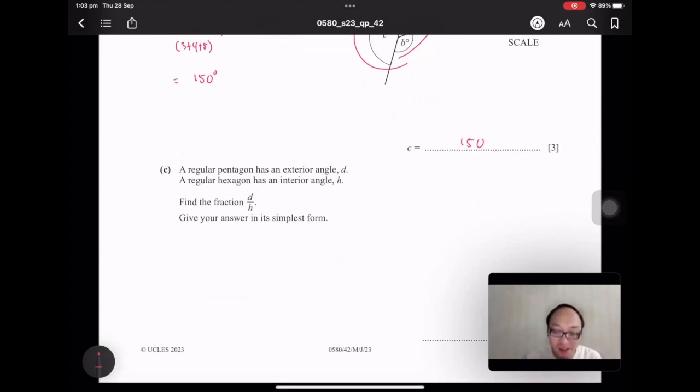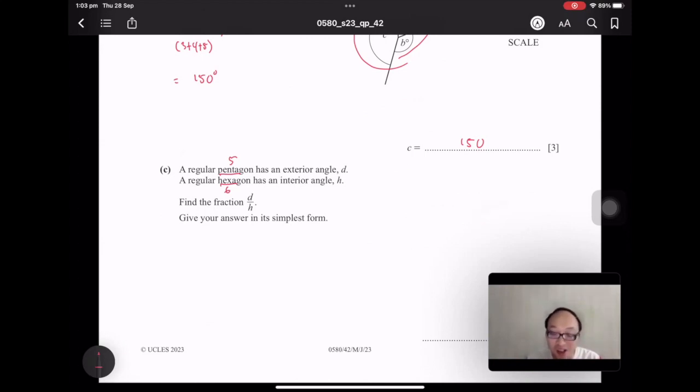Regular pentagon. Penta means 5. Has an exterior angle D. A regular hexagon has an interior angle H. Hexa is 6. Find the fraction D over H. Give your answer in the simplest form.